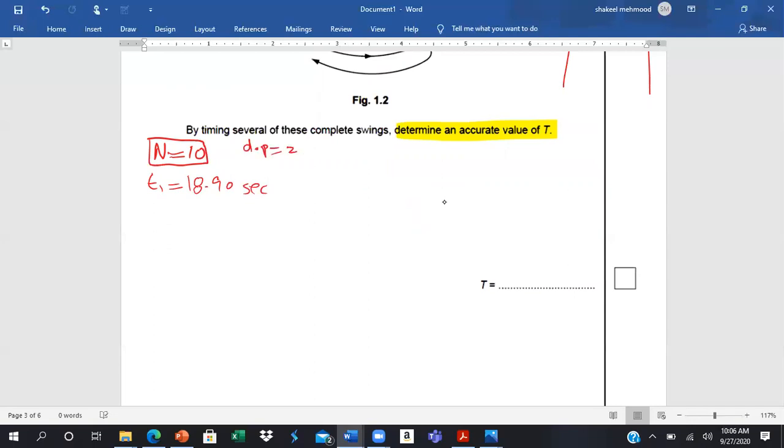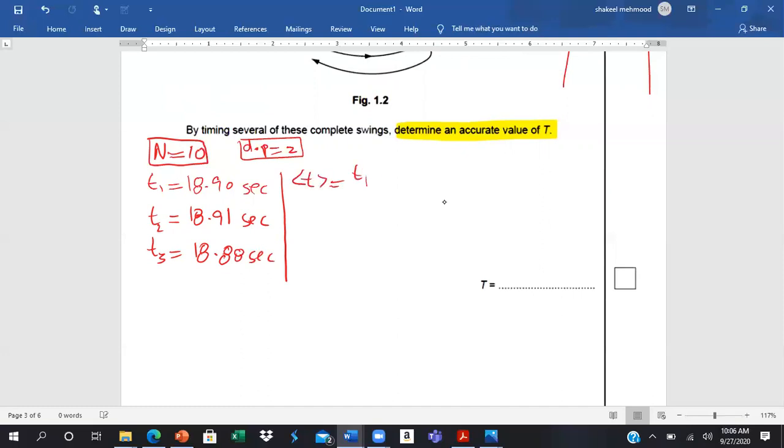So as it has 2 decimal places, I'm going to write all the time measurements in 2 decimal places. So again, I swing the pendulum for 10 oscillations and the time comes out to be 18.91. And for the third time, when I repeat this, it comes out to be 18.88 seconds. Now the next step is I have to take the average.